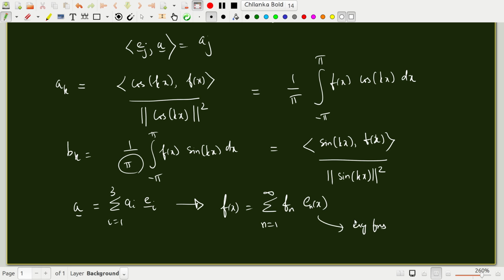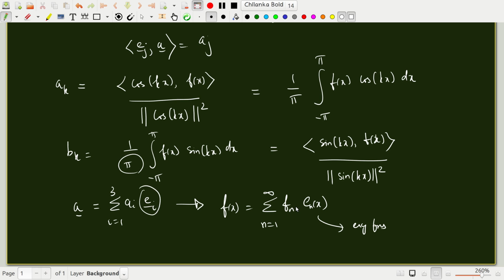In Fourier series, eigenfunctions are sines and cosines, but that's not always the case. You could have different eigenfunctions depending on the domain in which you're working. So there is a direct analogy between Fourier series and the expression of a vector in geometric 3D space. Here the unit vectors are orthogonal, and here the eigenfunctions are orthogonal.